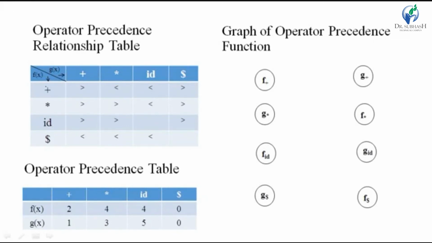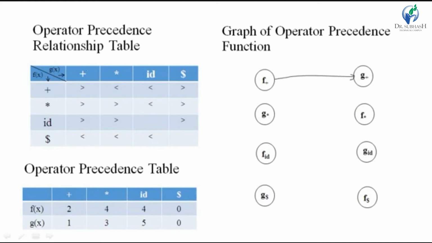So F plus to G plus is a greater sign, so draw an arrow from F plus to G plus, on the outer side.